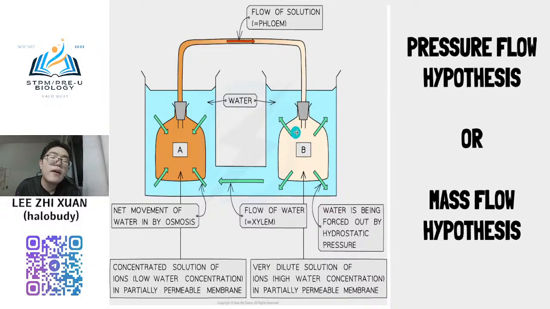Normally the water molecules will diffuse back into the xylem vessel, and then, as in this diagram again, the water molecules will be transported again from the root into the leaf. So this is the general experimental concept for the mass flow hypothesis.